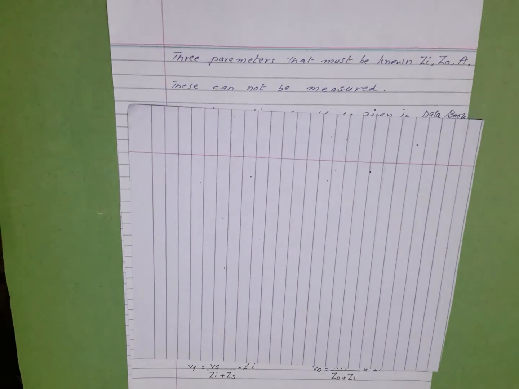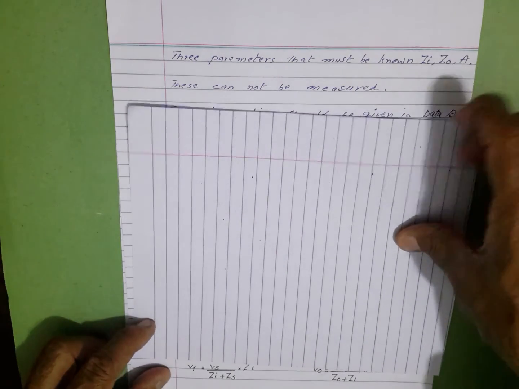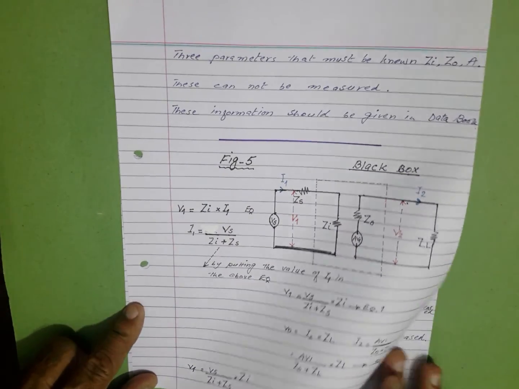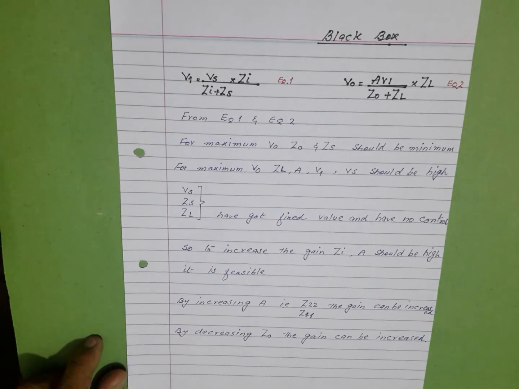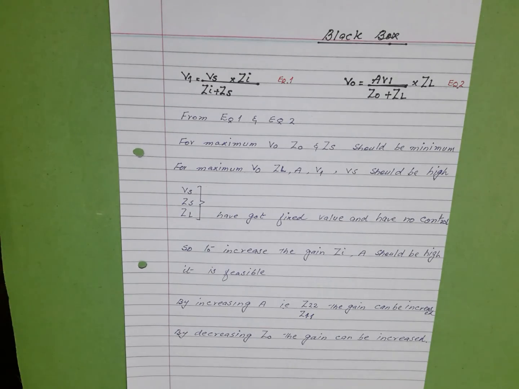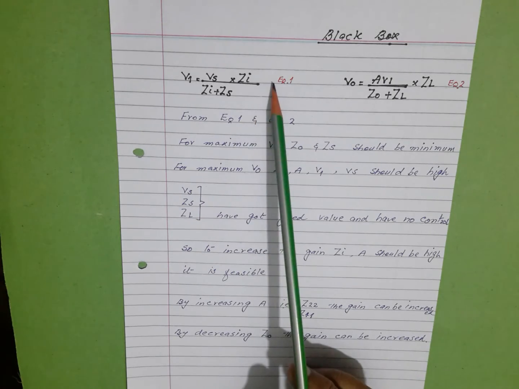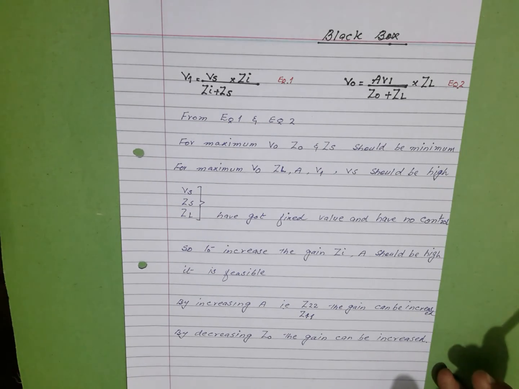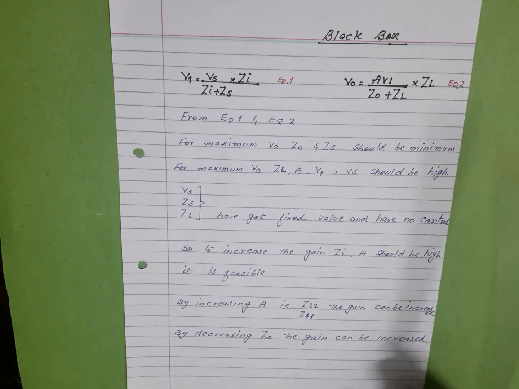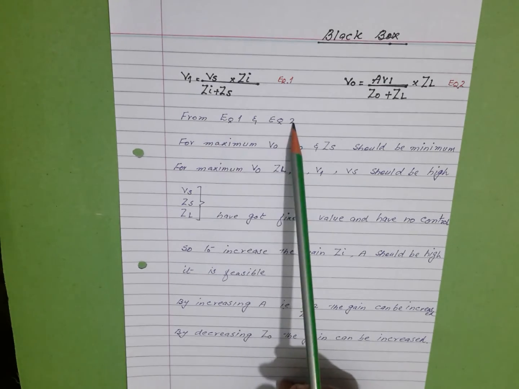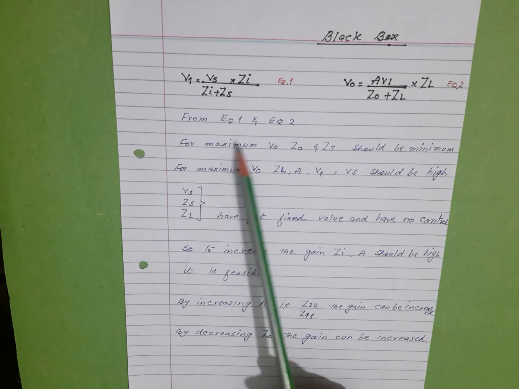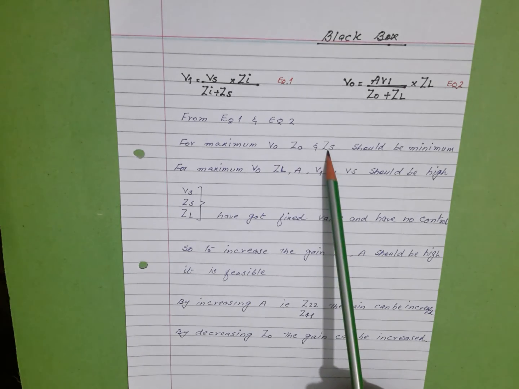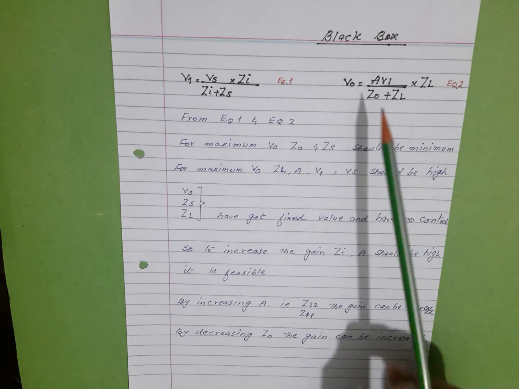Going to the main points. These are the two equations, equation 1 and equation 2. We have derived them and explained from equation 1 and equation 2. For maximum V0, ZO and Zs should be minimum.